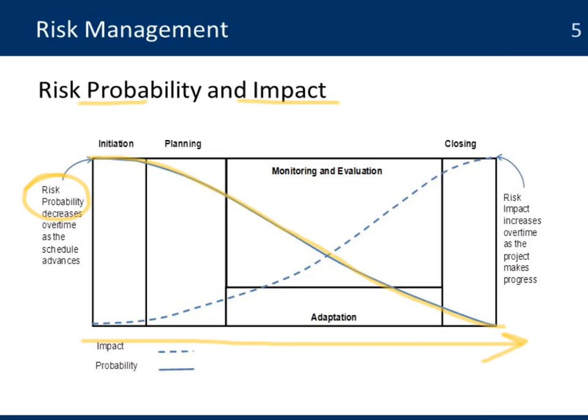But the risk impact goes the other way. It increases as you get closer to the end of the project. That means that if something happens to the project before it closes, you might have a higher impact because you already made a lot of investment. You spent a lot of money already on the project, and there is very little time for you to do any changes or improvements.